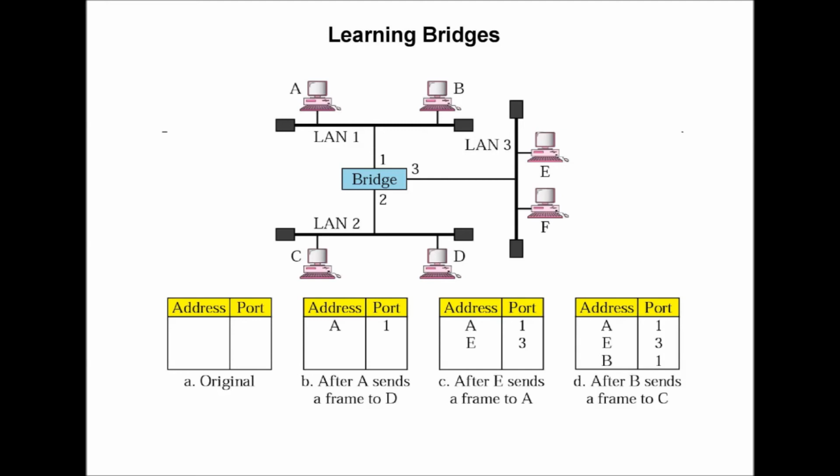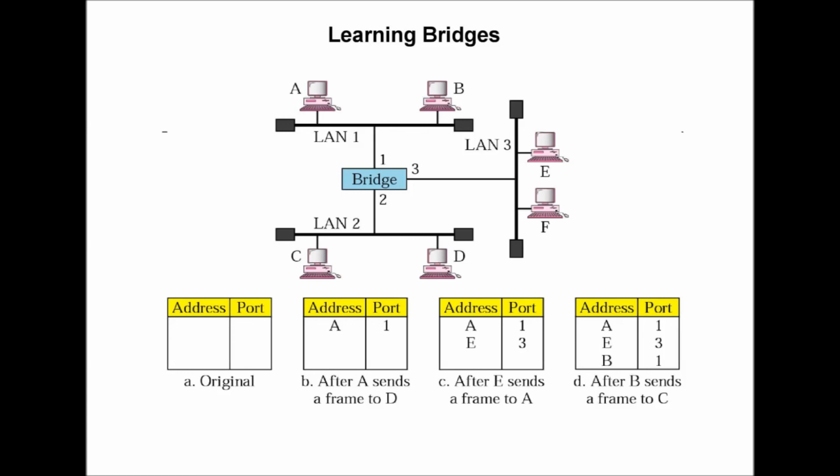And in C, after E sends a frame to A, the addresses of A as well as E will be recorded by the bridge, and port numbers 1 and 3 are also saved in its bridging table. And in D, after B sends a frame to C, the physical addresses of A, E and B are saved by the bridge in its bridging table, as well as port number 1, port number 3 and port number 1.